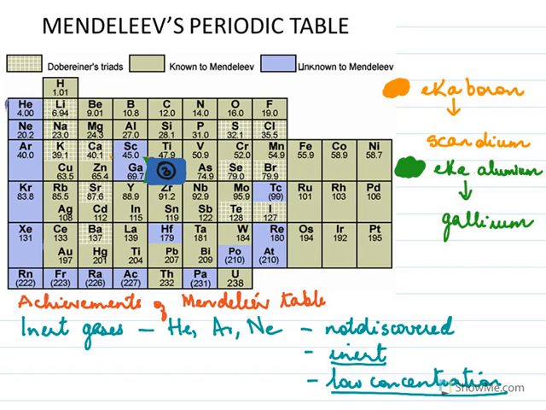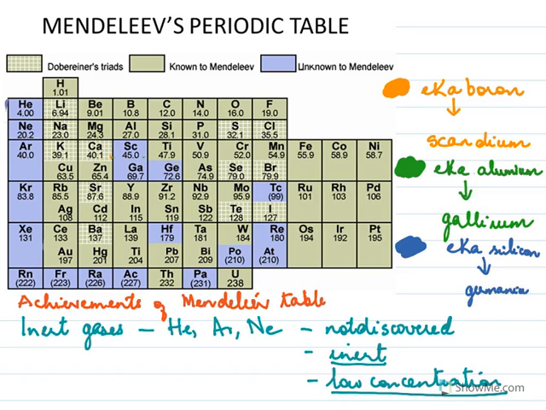And the third gap, this is the third gap, he named that gap silicon. There was no element discovered then. He named that gap silicon, and he gave the properties of that element before it was even discovered. And when they discovered it, they found it was germanium.